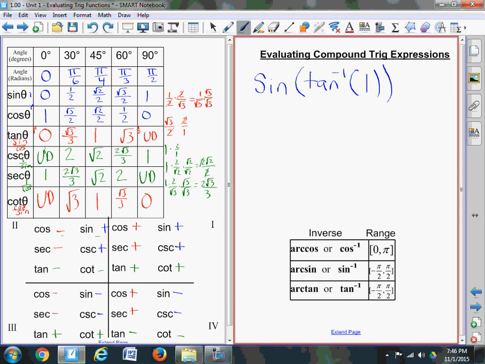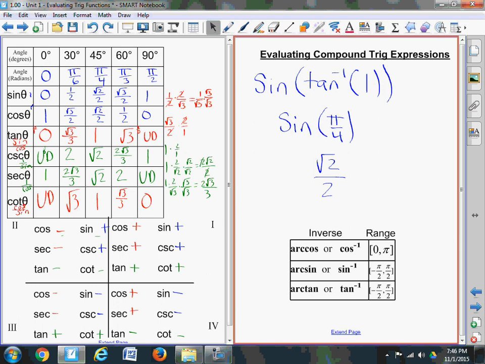If I did the inverse tangent of 1, just by looking off the chart, that's 45 degrees or pi over 4. So this is really saying sine of pi over 4, and the sine of pi over 4 is root 2 over 2. Again, the angle that has a tangent of 1 is pi over 4, so pi over 4 both has 1 as a tangent and root 2 over 2 as its sine.